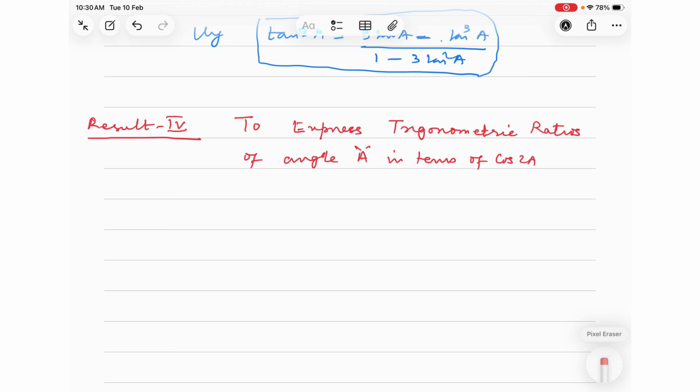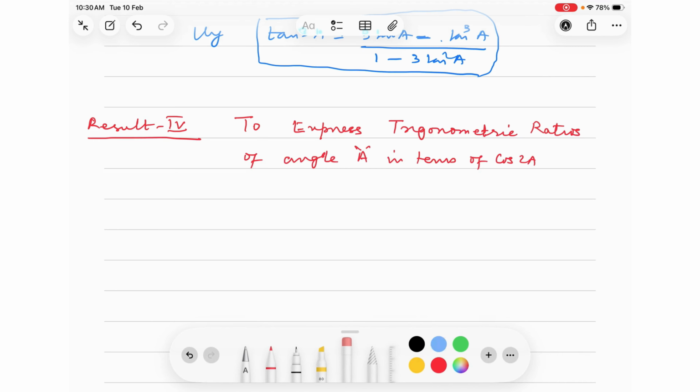Let us try to express trigonometric ratios of angle A in terms of cos 2A. This is also very, very useful in many objective questions later on.